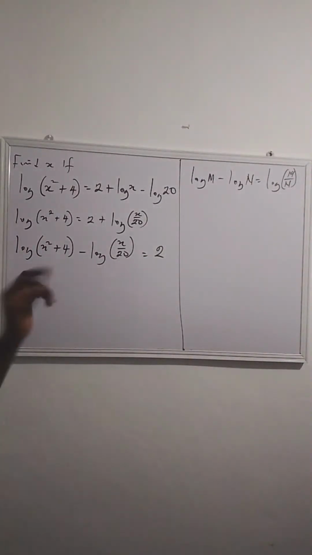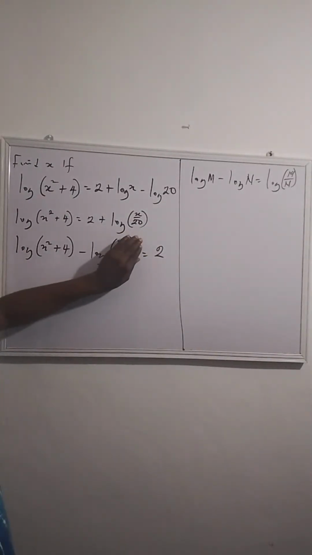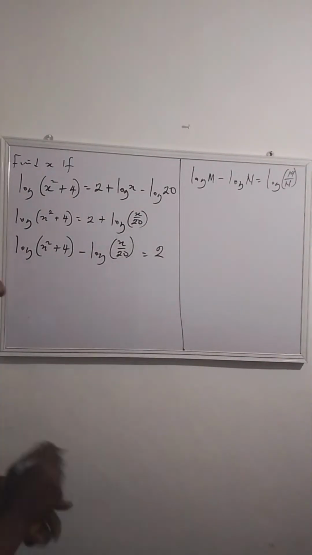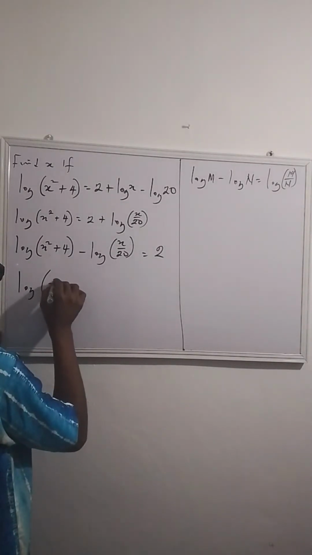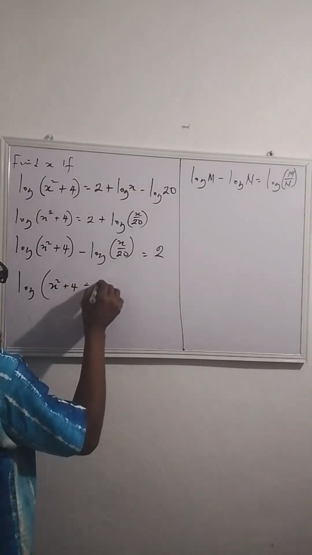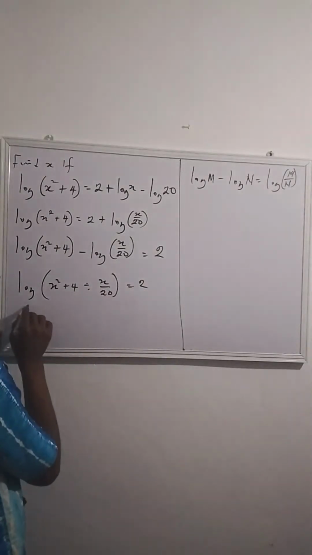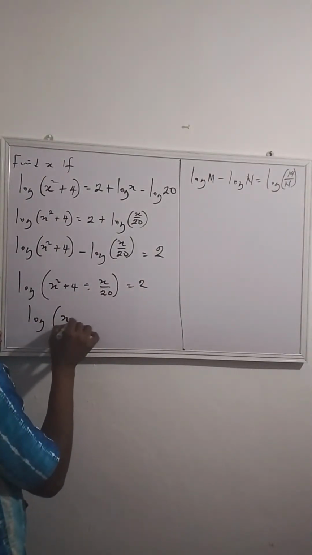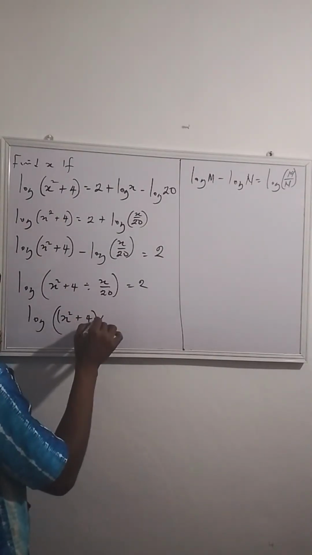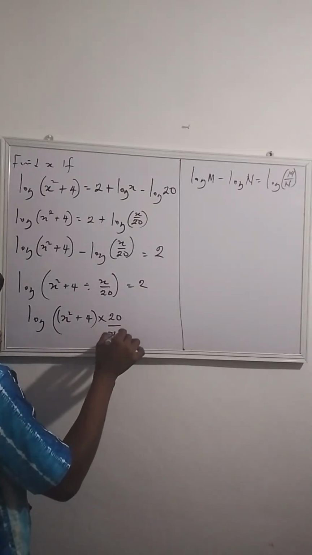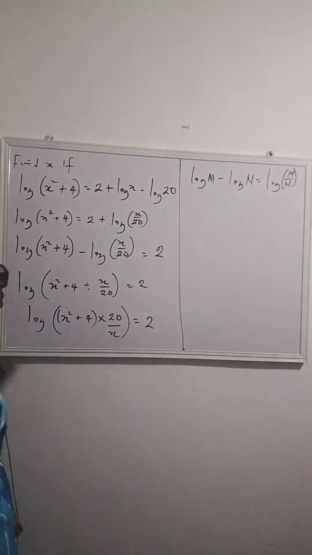Now, I'm still going to be applying this same law. This divided by this, just like what we have there. So now this returns to log of (x squared plus 4) divided by x over 20 equals 2. Now this is the same thing as log of (x squared plus 4) times 20 over x equals 2.